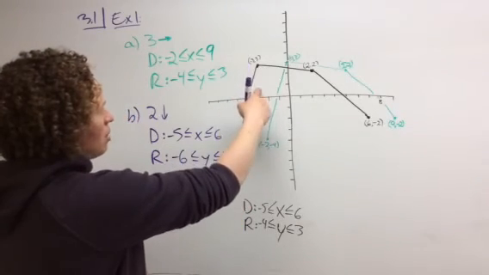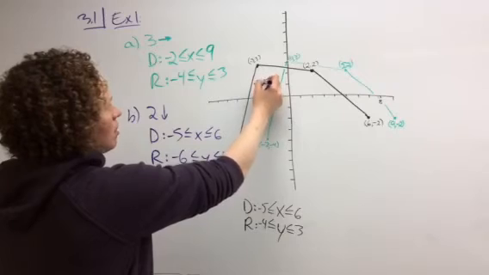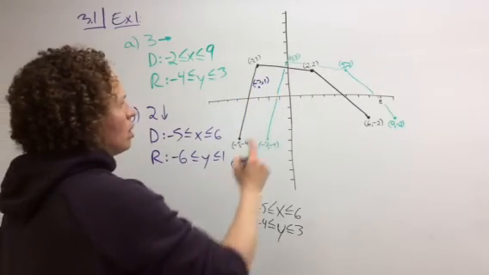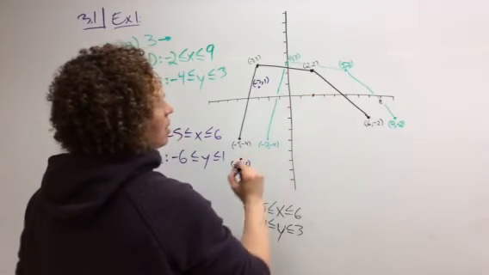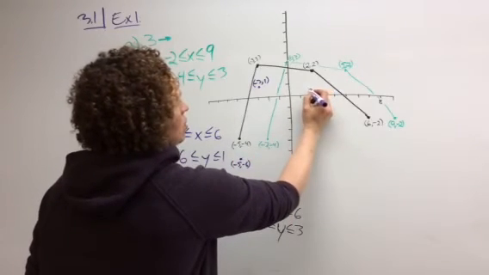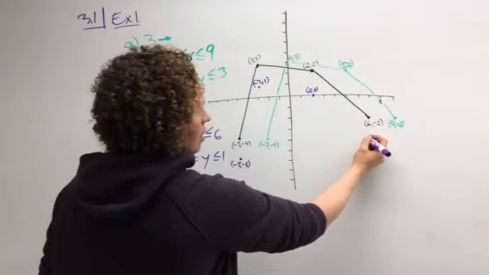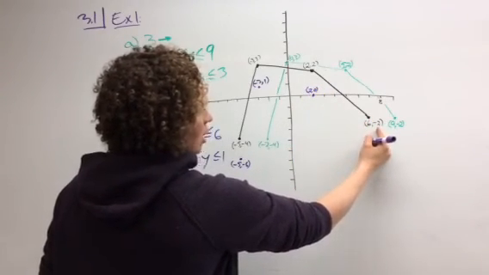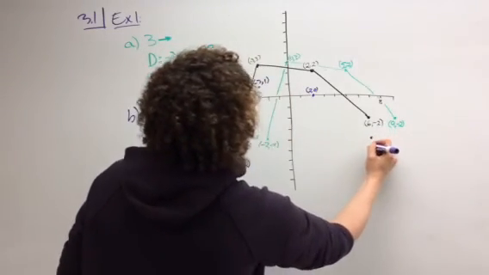This point drops to -3, stays the same, but now it's just at 1. This point drops 2, and now we are actually sitting right on the line there at 2 and 0. This one drops 2 down, and now we're at 6, which is the same, and -4. So bring the -4 over here. That looks about right.